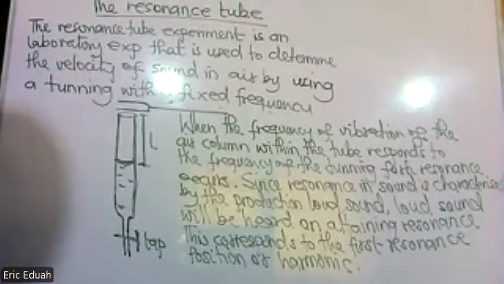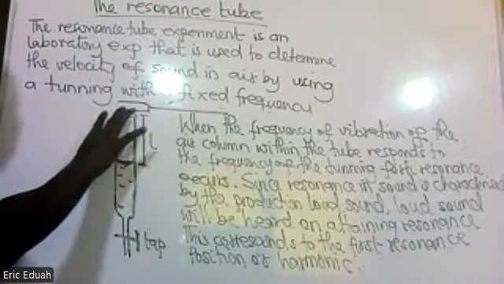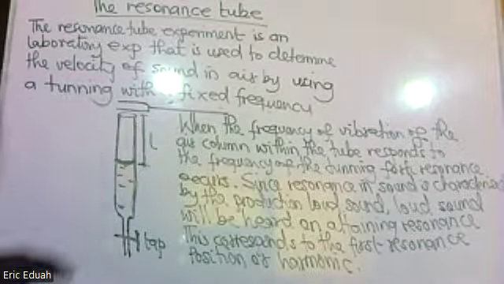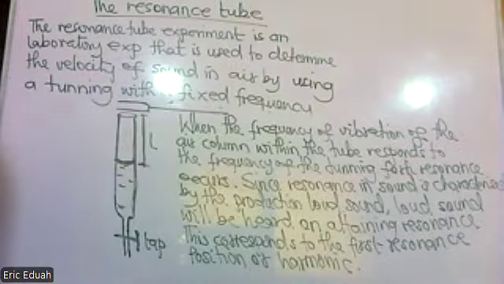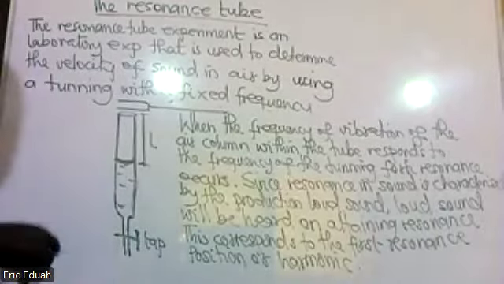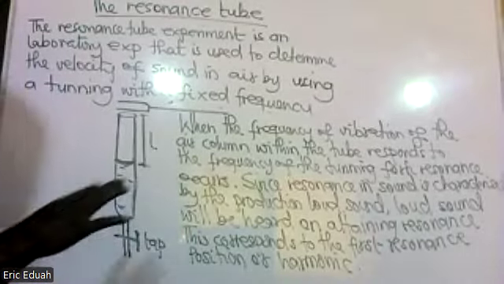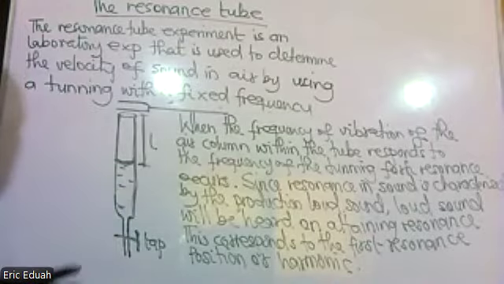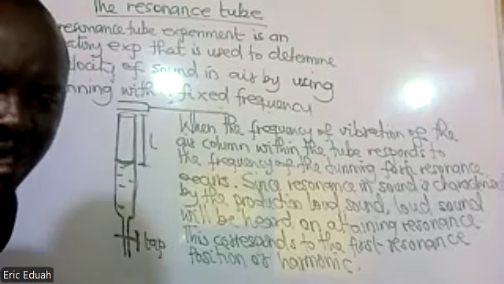And when that point is reached, it would produce a loud sound. The production of the loud sound indicates that the resonance position is attained. But the question is, how do we attain resonance?